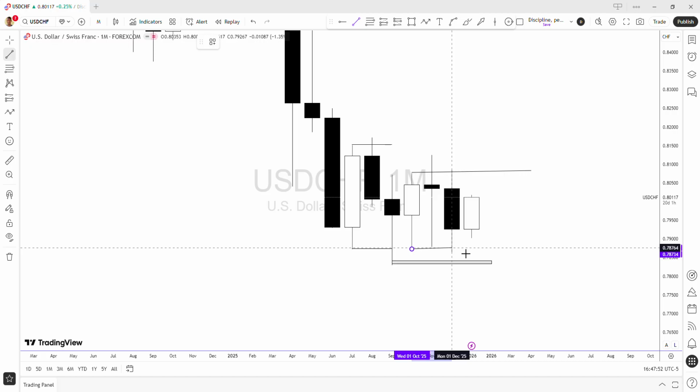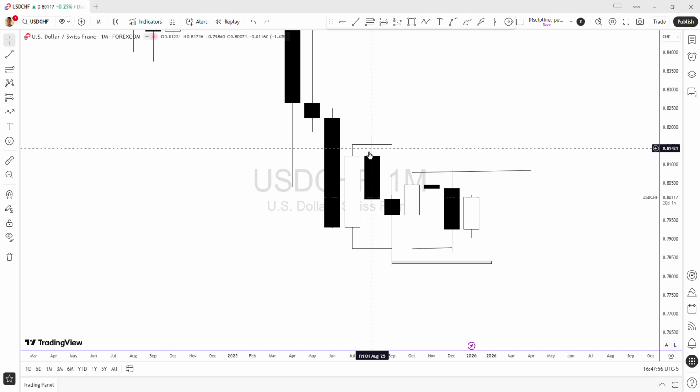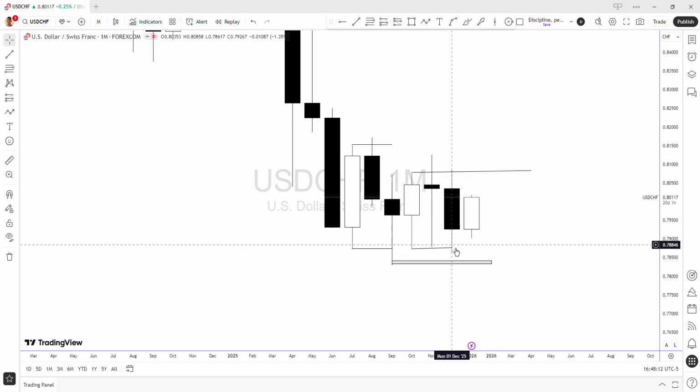So this is how you mark your range. This high, this candle that took this high, came to reference this POI here. So it came down and then it created another candle. The candle took these lows and then pushed up again.